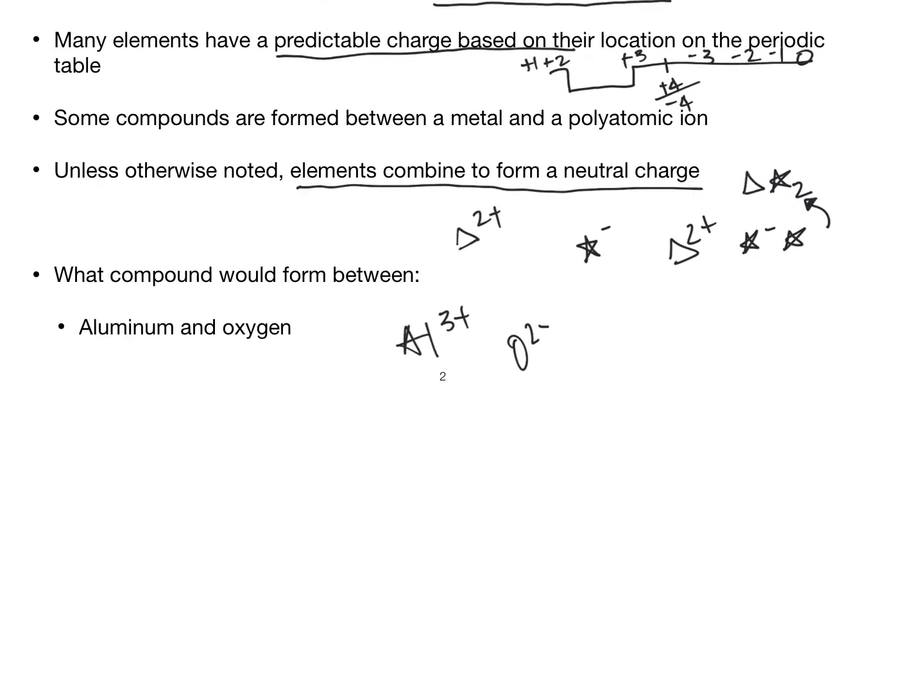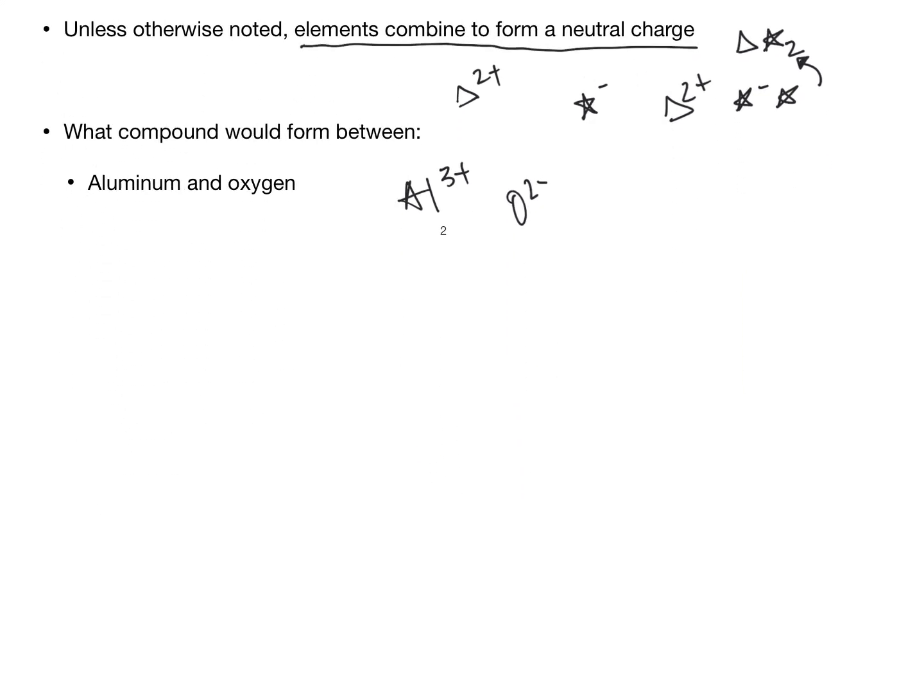So I'm going to scroll this up a little bit so we have a little more space to work. So when we think about this, we need to figure out how many aluminums and how many oxygens would create a neutral charge. There are a couple of ways that you can figure this out. Some students prefer to use the do-si-do reaction, where the charge here is the subscript here, and the charge here is the subscript here.